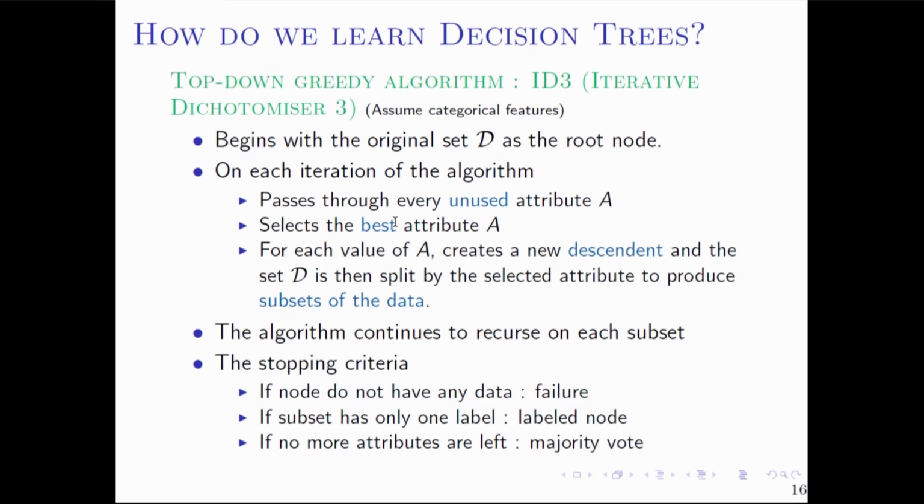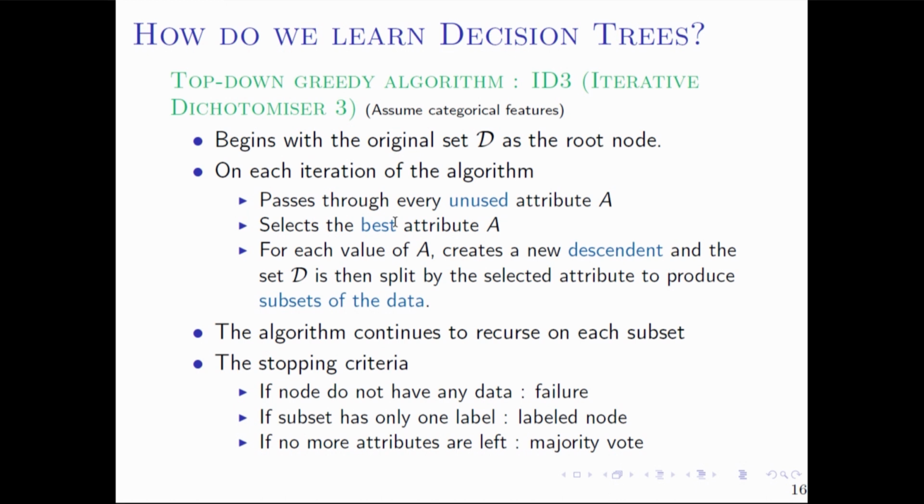So what is ID3? In ID3, you begin with a root node, and the root node has all the training samples D. Do you remember what D was yesterday? This is a set of training samples which has Xi and Yi pairs.